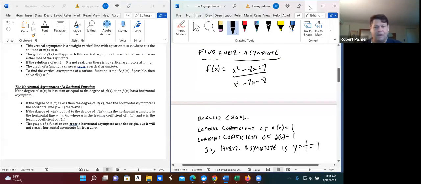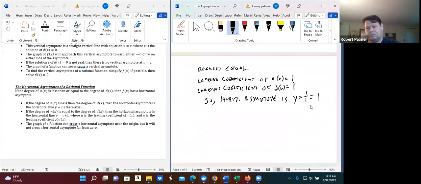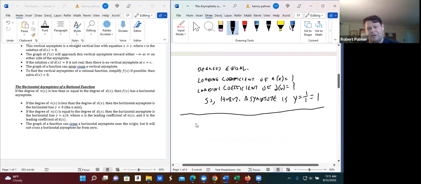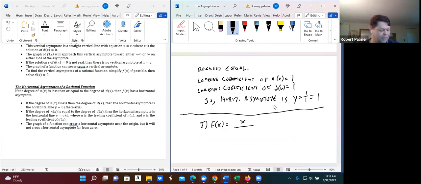Okay, let's go back to do a second example. So this time, let's take a look at our f of x, number 2, equals... actually, let's make this 3x squared over... I'm changing my mind.